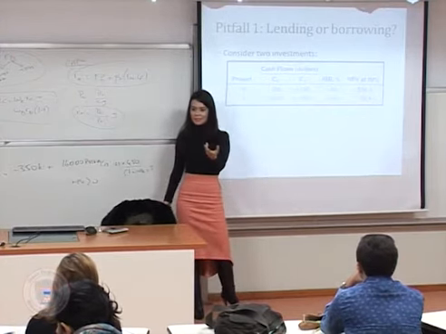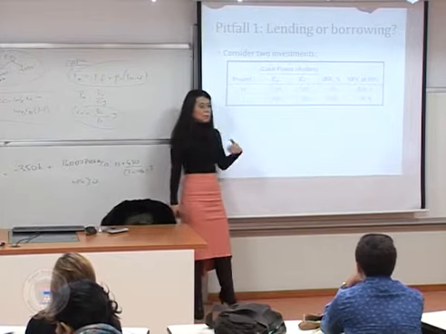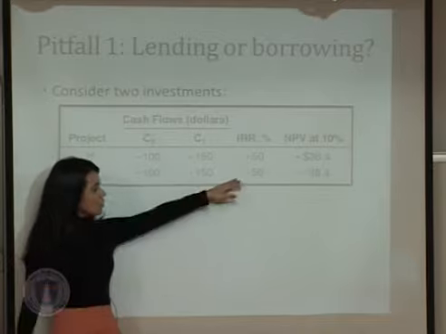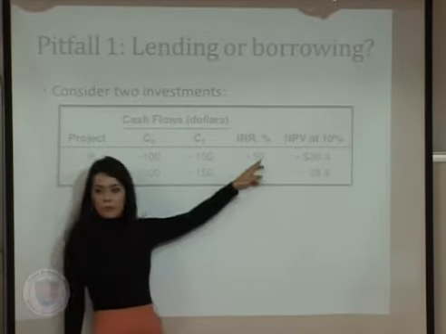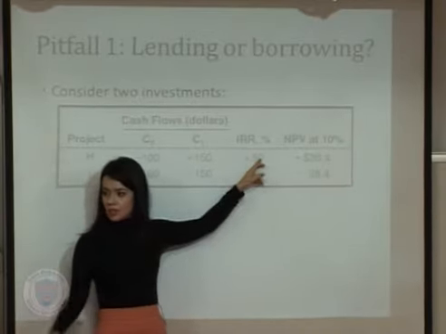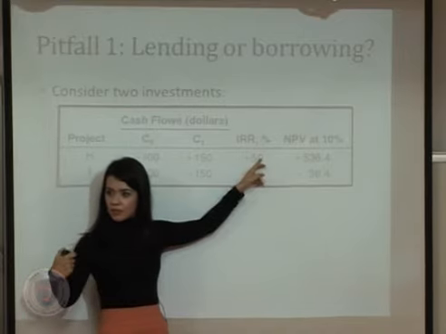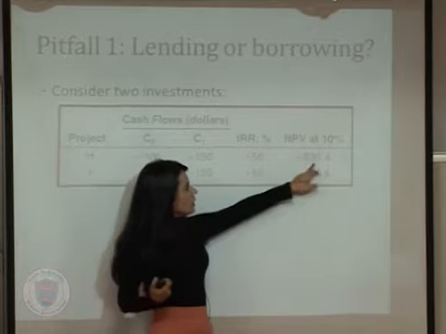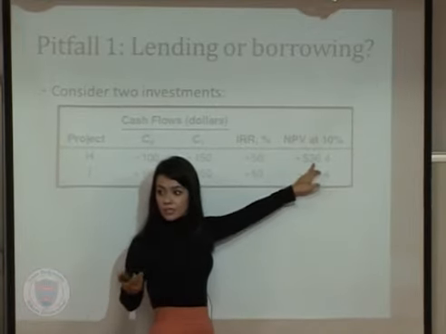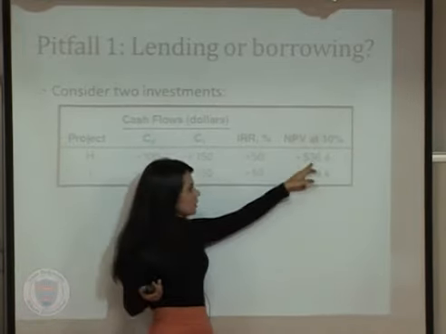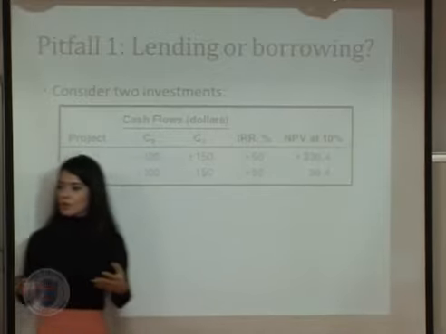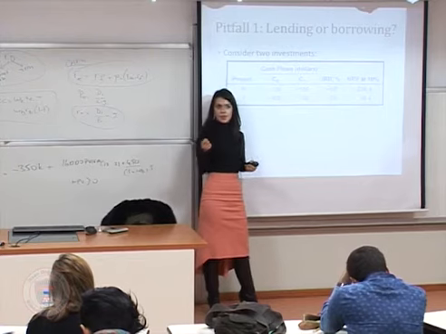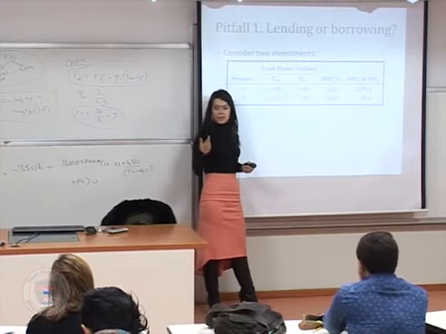But it is misleading. Why? If you're lending at 50%, it is very good. You're giving the money, you're getting 150, so your return is 50%. If you calculate NPV with a 10% discount rate, let's say, it will be a positive NPV project, and you will see it right away if you are the person lending the money.